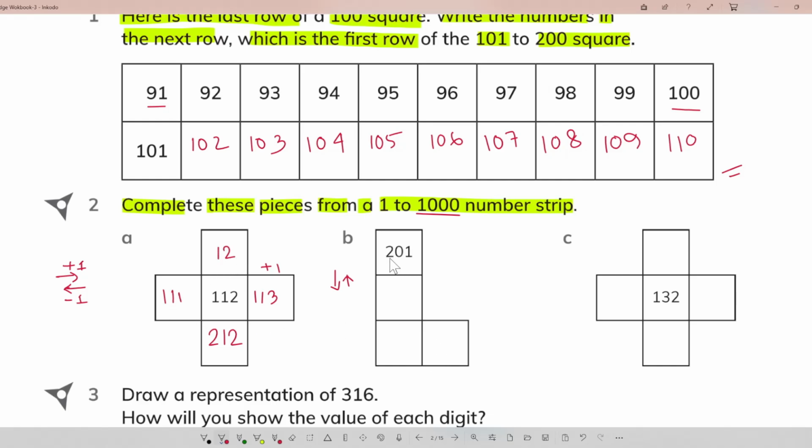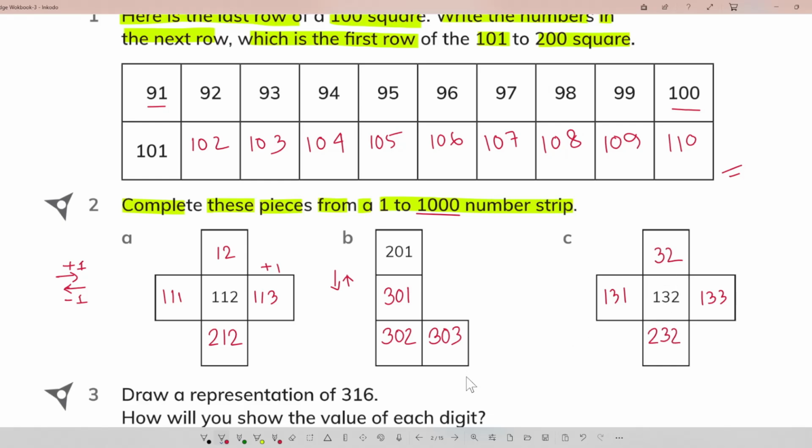Similarly, here is 201, so here is 301, 302, and here is 303. Same thing, here is 133, and here is 131, and here 232, and here only 32.